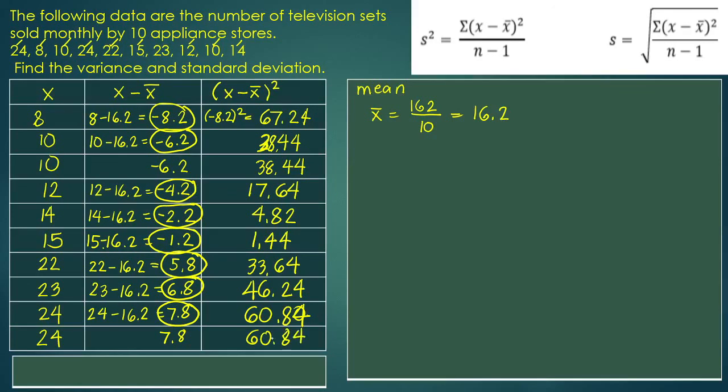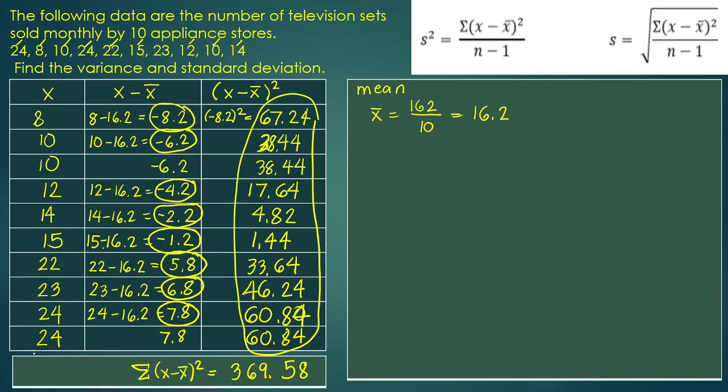Next thing to do, we add this third column. Kindly add this now using your calculator. Let me write down first, the sum of x minus the mean squared. How much is your answer? 369.58.